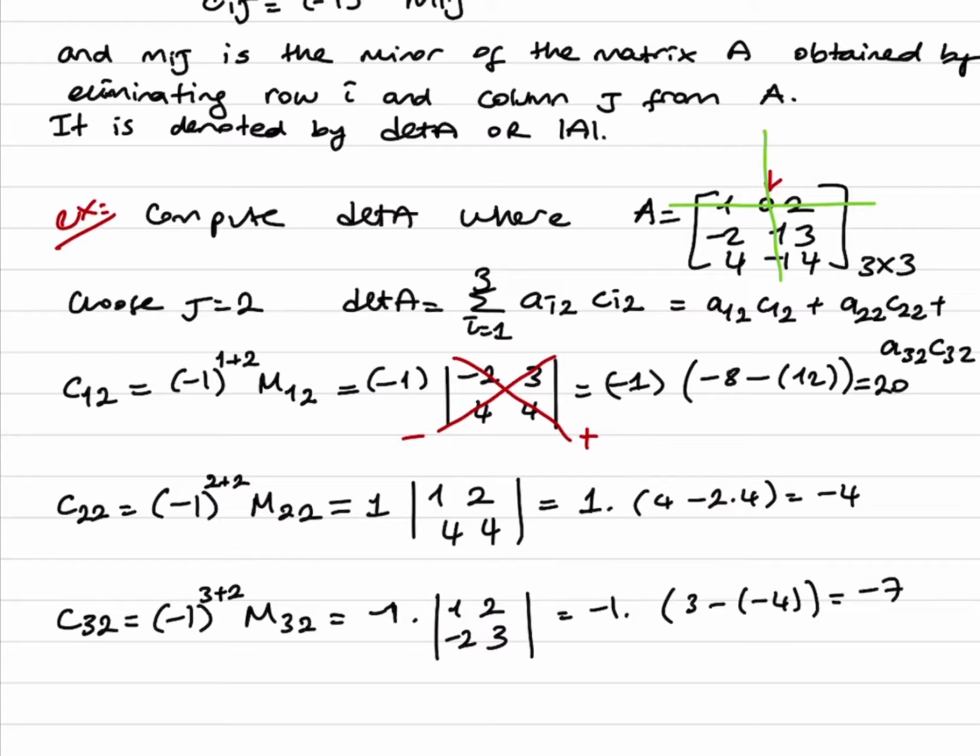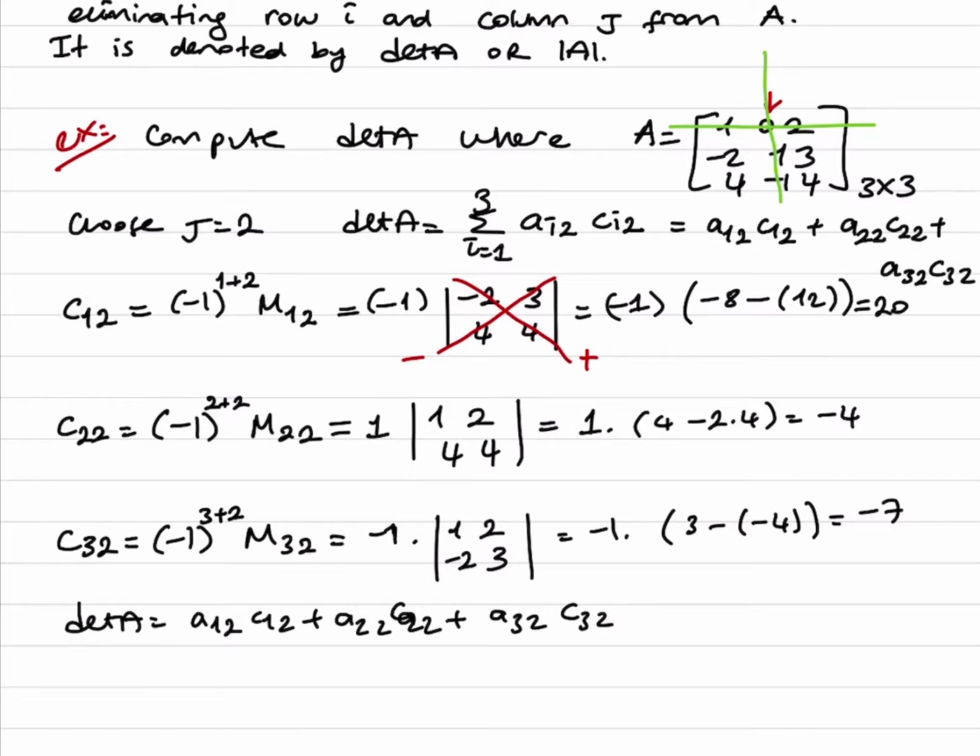But these are cofactors. What is the determinant of A? The determinant of A is given by a12 c12 plus a22 c22 plus a32 c32. But what is a12? We know a12 is here. It is 0. a22 is 1. a32 is minus 1.